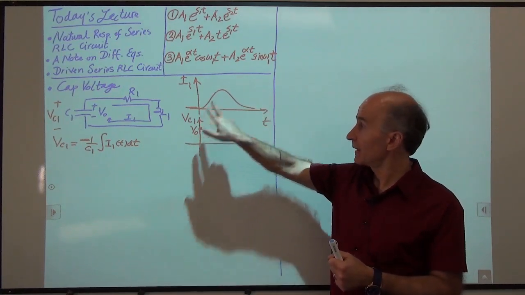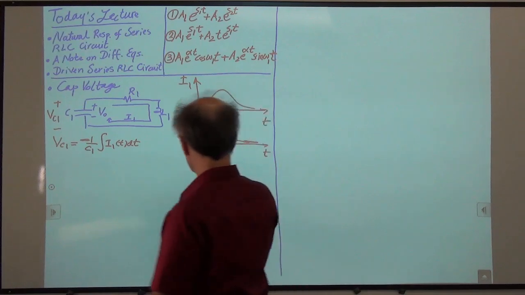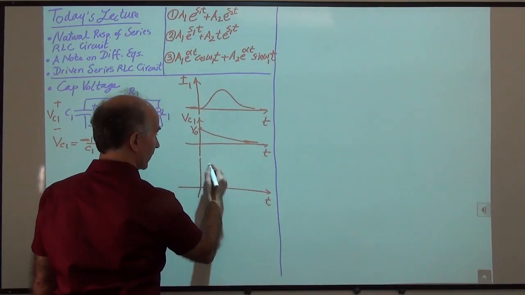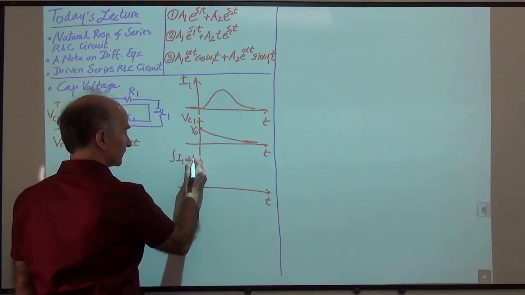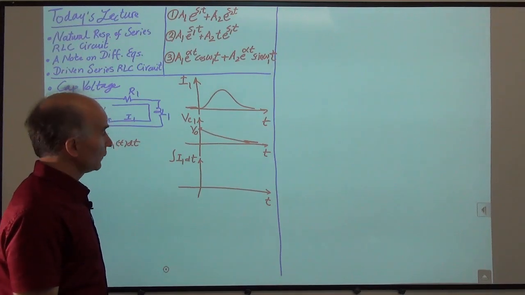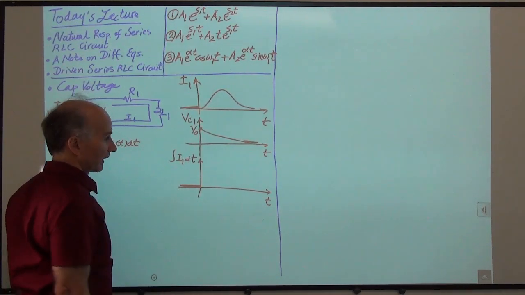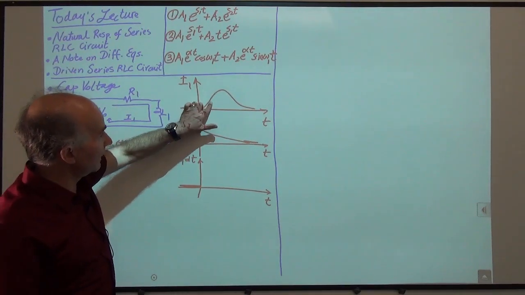So this equation says integrate I1. Let's integrate just graphically, right? What does the integral of I1 dt look like? All right, so before time 0, we have nothing, so that's 0. And then after time 0, we are gradually adding up the area, right?